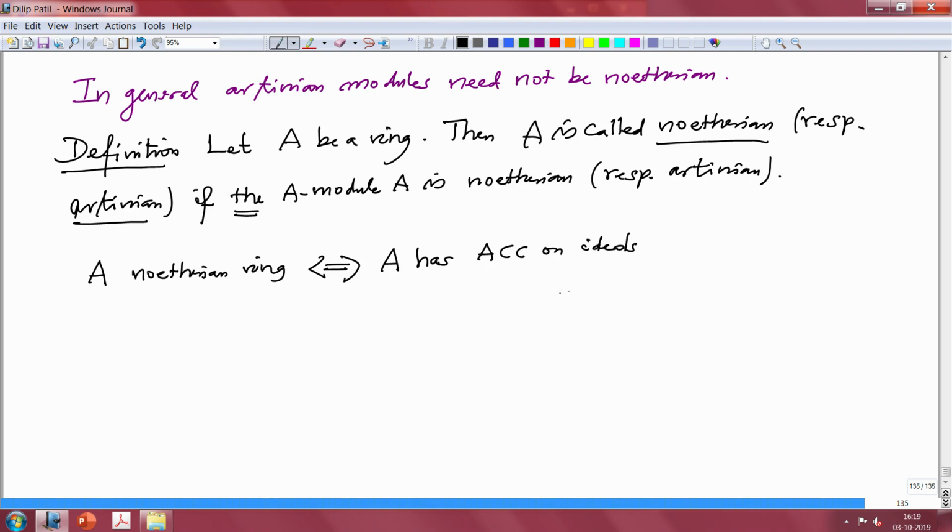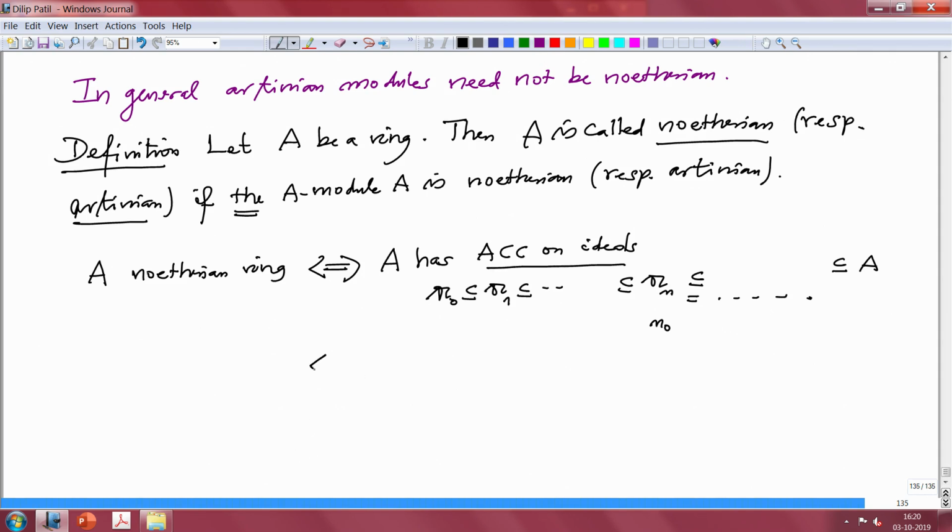That means if you have an ascending chain of ideals A0, A1, etc., An, ideals in A, then there should exist an N naught after which all are equalities, that is the stationary ACC on ideals.